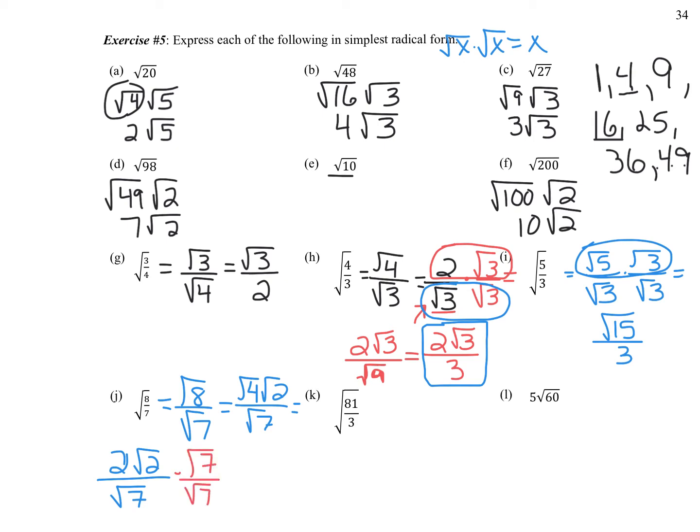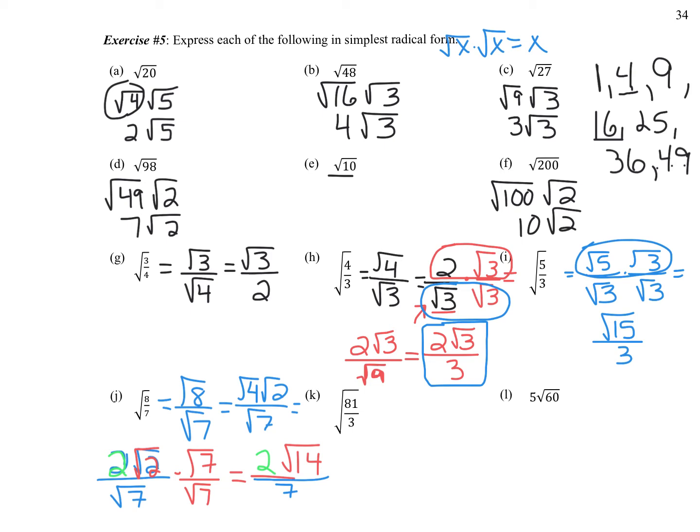So multiplying here, in my numerator, my regular 2 stays. My square roots get multiplied together. Radical 2 times radical 7 is radical 14. And in my denominator, square root times itself is just that number. So 2 square root of 14 over 7 is my answer. Not pretty, but that's what it is.